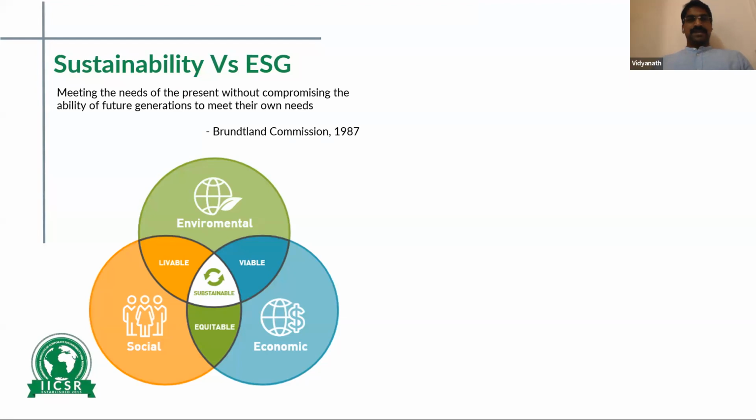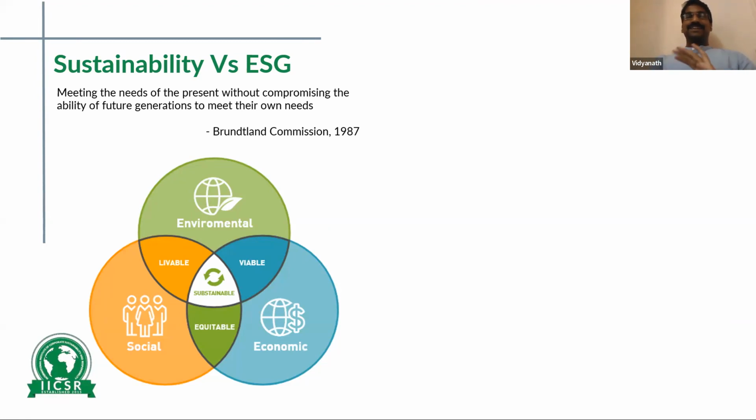So this was the first time the term sustainable development was coined, in 1987 by the Brundtland Commission, and it has been defined as meeting the needs of the present generation without compromising the ability of future generations to meet their own needs. This is the textbook definition of sustainability.